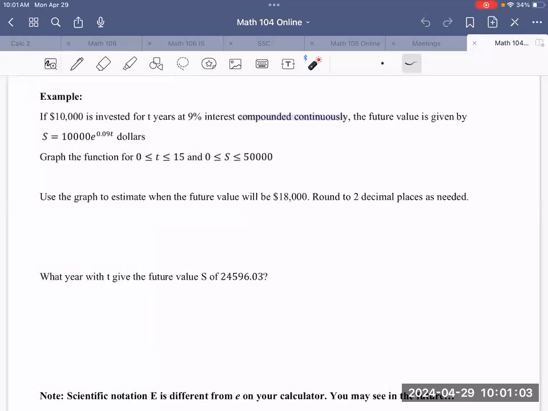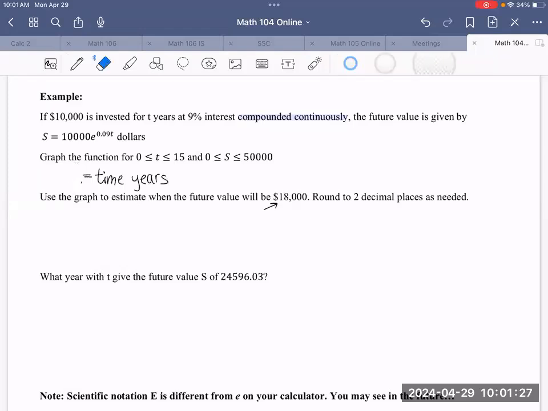It says use the graph to estimate when the future value will be $18,000. Round to 2 decimal places as needed. So if this is a y amount, because keep in mind x is equal to time in years. So sorry, it's no longer x for us.